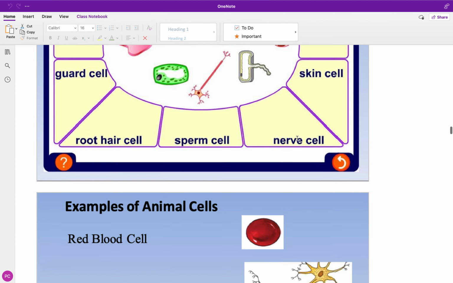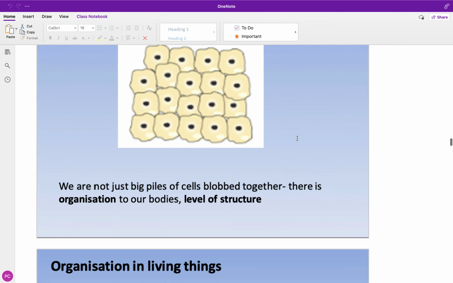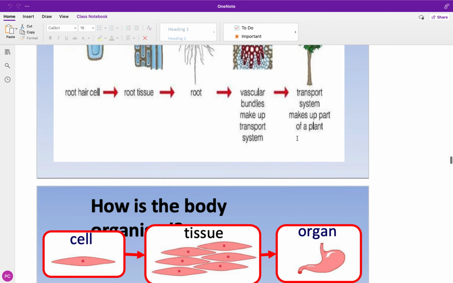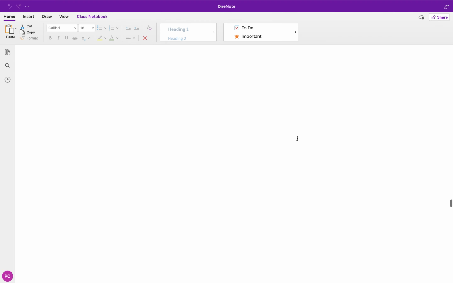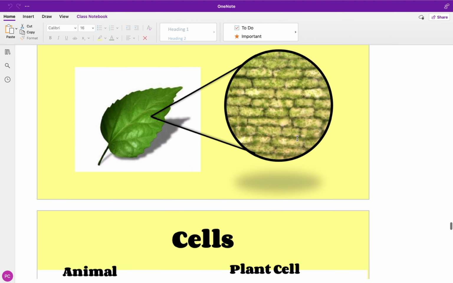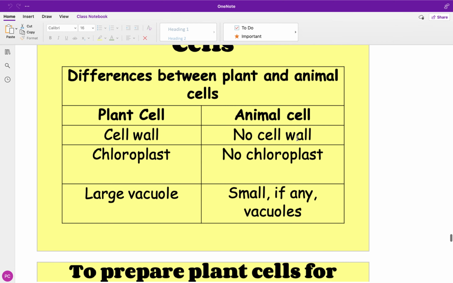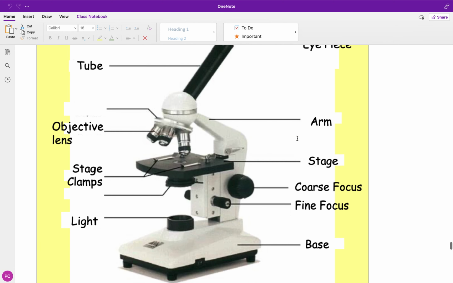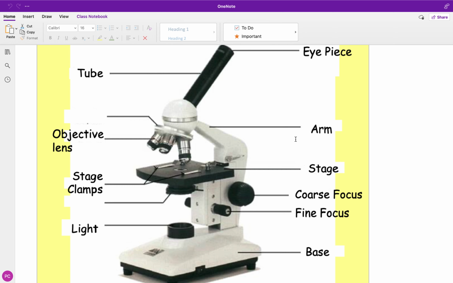Okay, the other thing I want to do today, now there's a few other bits there that I'm skipping over, but there's another thing that I want to go through today, and it's down here, is the microscope. So if we go down, I'm just going to flick down, and this part here. So there's a bit more that I'm actually going into today, but this is a microscope.